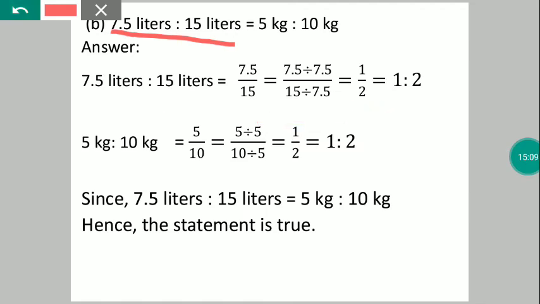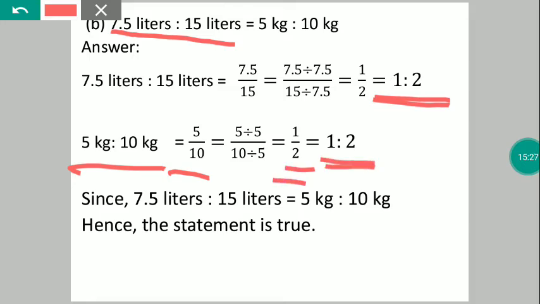So the ratio is 1:2. Now the second ratio, 5 kg to 10 kg, is equal to 5 by 10, which is equal to 5 divided by 5 upon 10 divided by 5, which is equal to 1 upon 2. So the ratio is 1:2. Both ratios are the same, so the given statement is true.